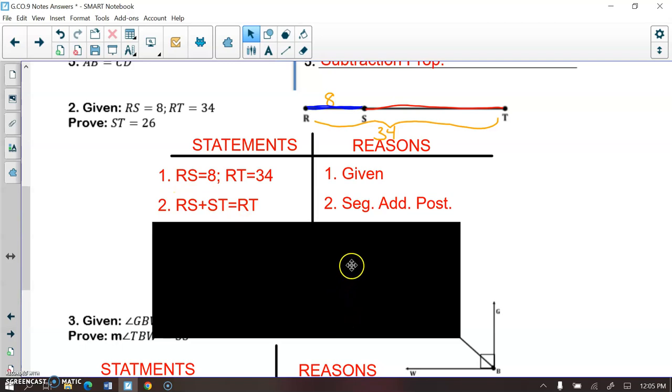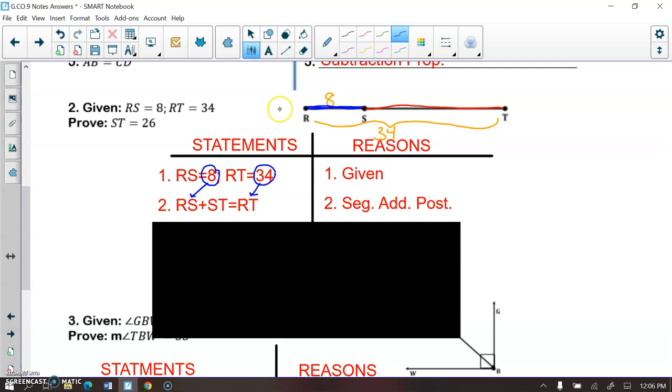All right, next I can use substitution to take this 8 and put it in for RS, and to take this 34 and put it in for RT. I can only use substitution because I'm not stating that something equals something and it equals something else, so they're equal to each other. That would be transitive property.